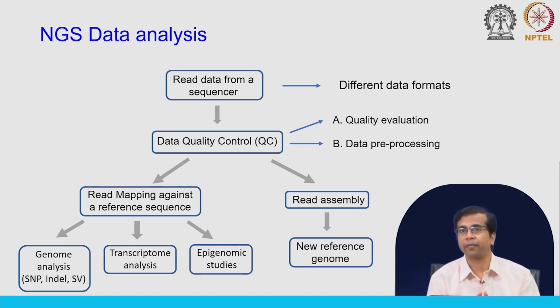So, you will have a reference genome against which you will map your sequence reads. If you are working with an organism where there is no reference genome, you will do the assembly. So, today's focus will be this read mapping, where we will discuss certain challenges and the approach, and read assembly we will discuss in the later part of this course.